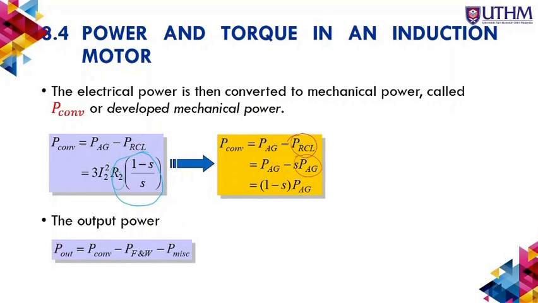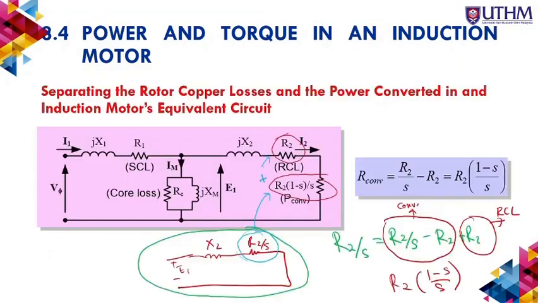Okay, tadi kita tengok dalam bentuk equation. So now kita tengok dalam bentuk circuit. So barulah kita lebih jelas. Rupanya macam ni. So I believe kalau electrical student, insyaAllah lah masing-masing understand the basic electrical.